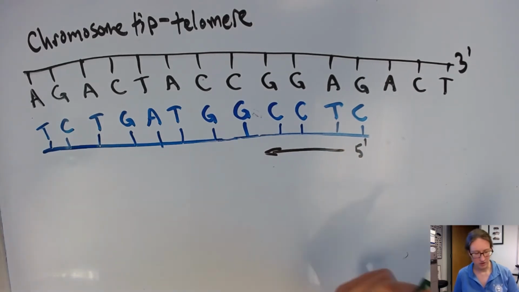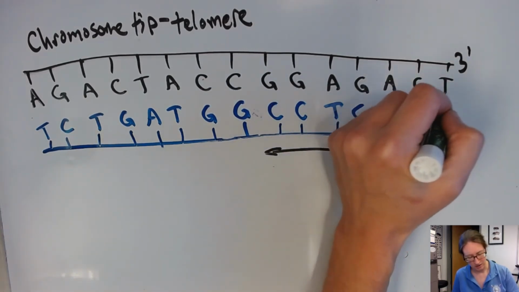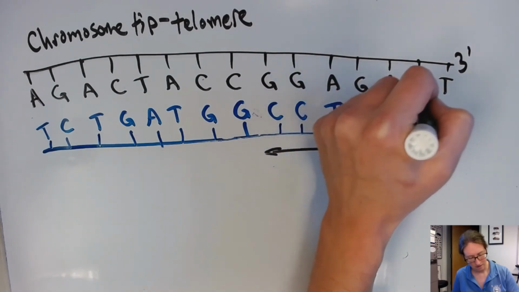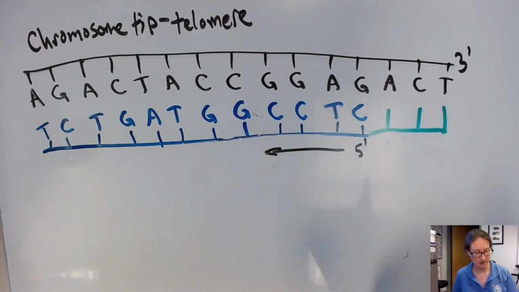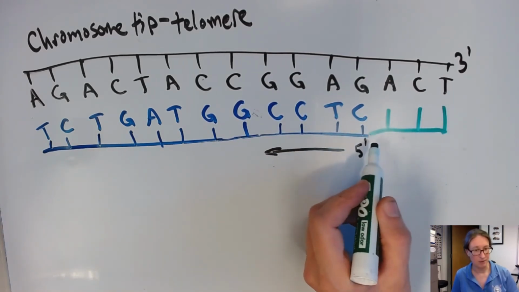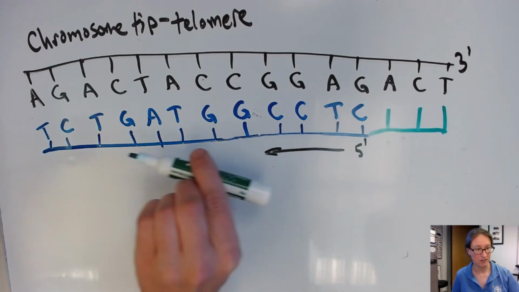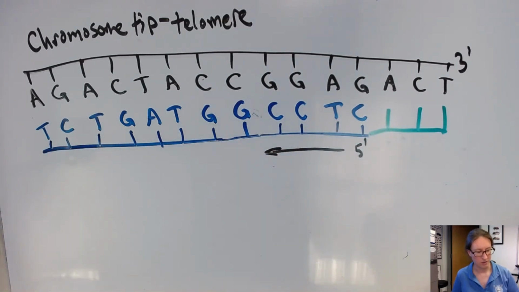So if we're starting the process of replication, primase can attach an RNA primer here. And then that's going to let DNA polymerase get hooked on, and then DNA polymerase can just chug along this lower strand.